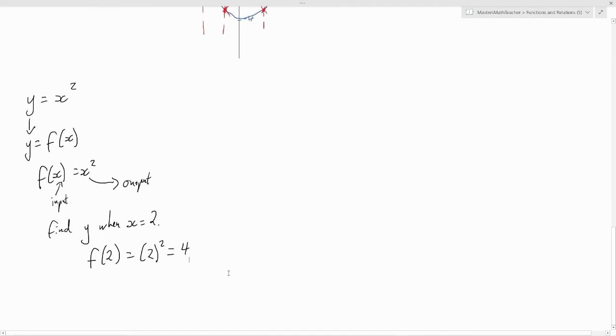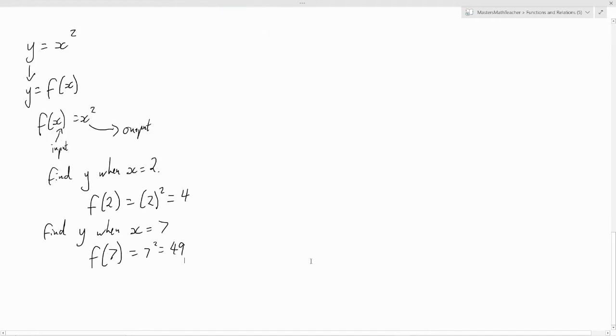Okay, let's try that again. Instead of saying find y when x equals 7, we can now just say, what is f of 7? 7 squared equals 49. We also have a fancy name for f of x in this notation.